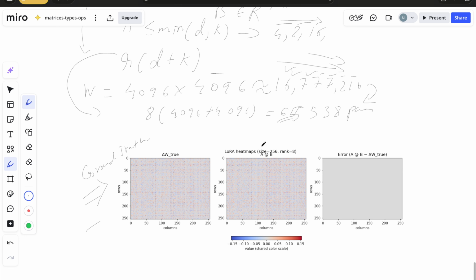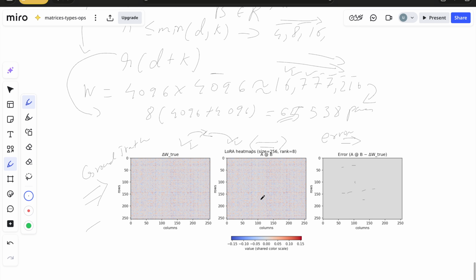Now this is the low rank matrix reconstruction that I have tried out here. As you can see, as LoRA is working here, this matrix and this matrix are very close to each other. And what is this matrix? This matrix is basically the error. This should be bland as much as possible, because if it has dots here, that means we are not approximating well.